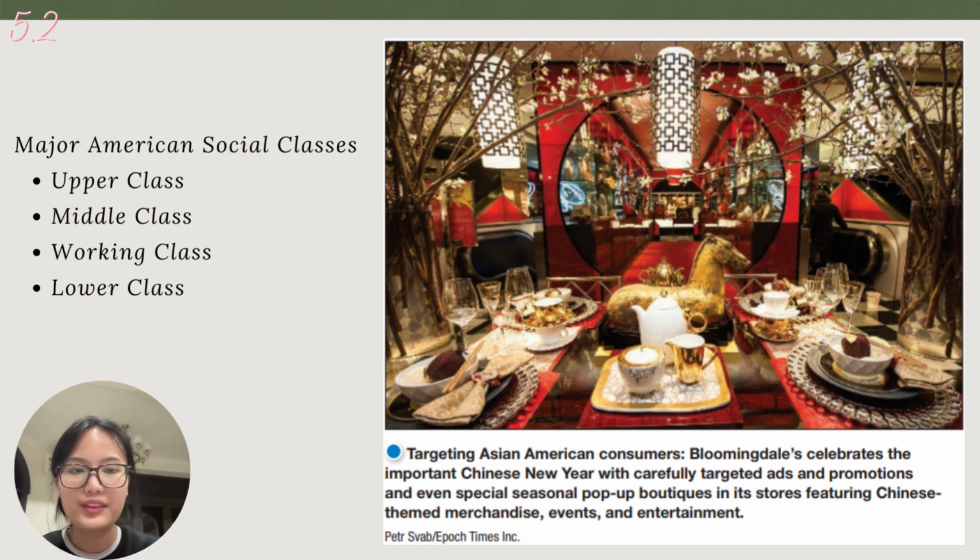So we focus on their holidays, like Chinese New Year, and we focus on ads and promotion and even special seasons so that we can make them buy more.